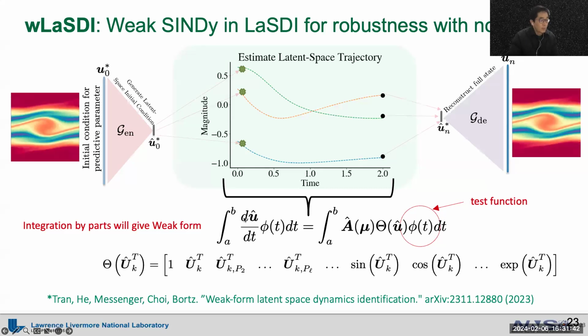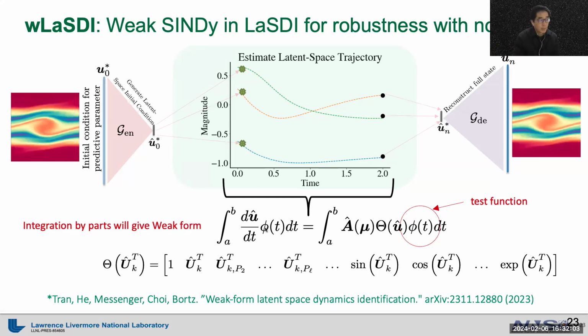And on top of that, because we have an integral form, the integral gives us a natural filtering effect on the noisy data. So those irregular noisy data become smoothed out and it works out very nicely.